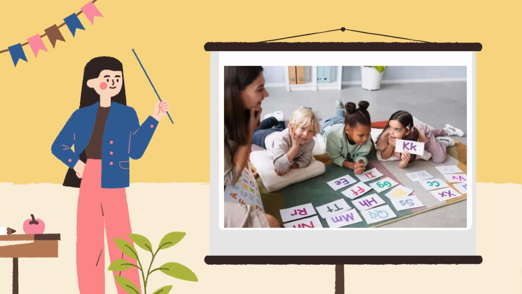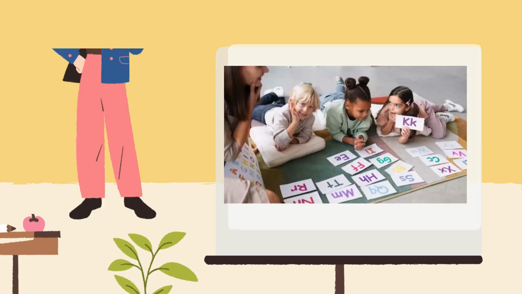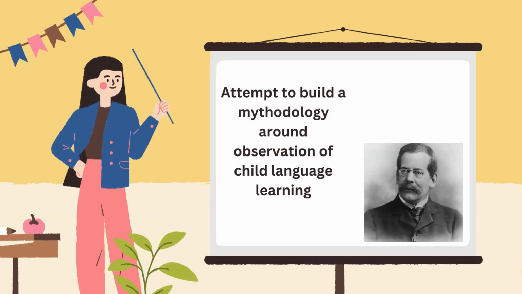an action. And Gouin had been one of the first of the 19th century reformers to attempt to build a methodology around observation of child language learning. Other reformers toward the end of the century likewise turned their attention to naturalistic principles of language learning, and for this reason, they are sometimes referred to as advocates of a natural method.